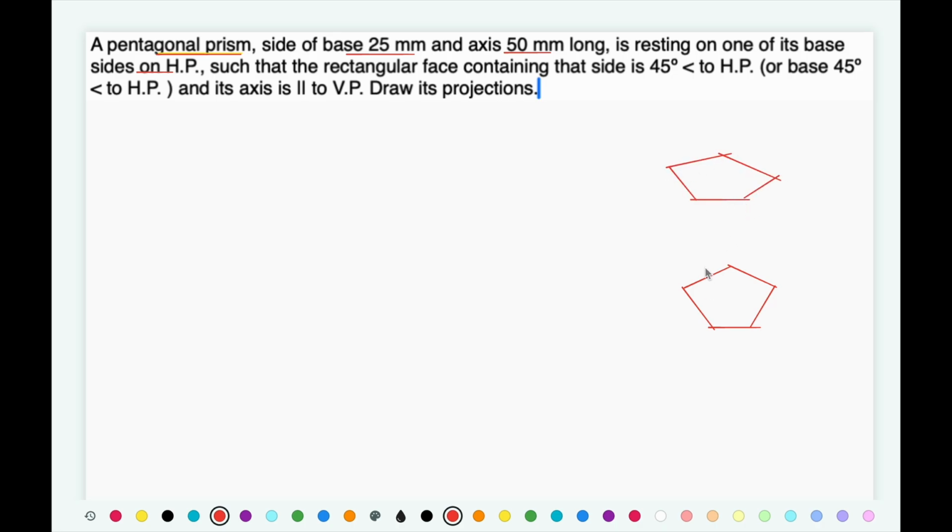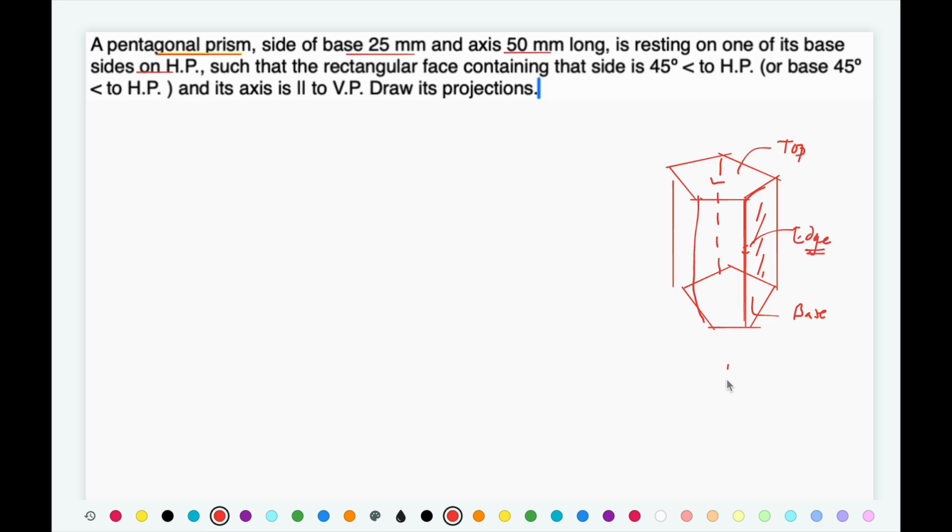So it is going to have a pentagon at the top, a pentagon at the bottom. Okay, there is one pentagon at the top. This is the top surface, this is the base of the solid. It is going to have those rectangular faces, and two rectangular faces will meet each other, forming an edge.